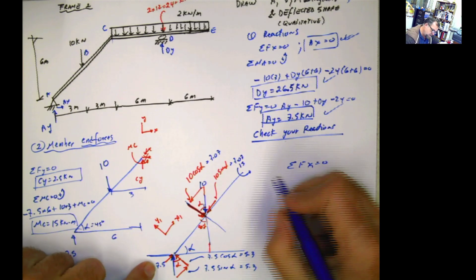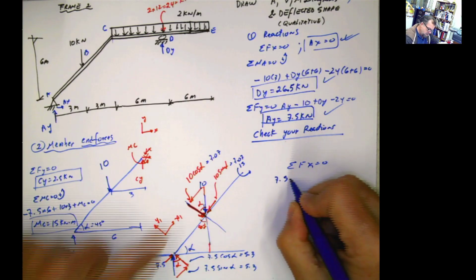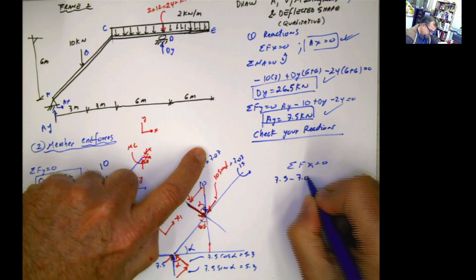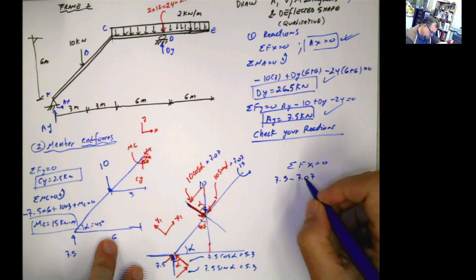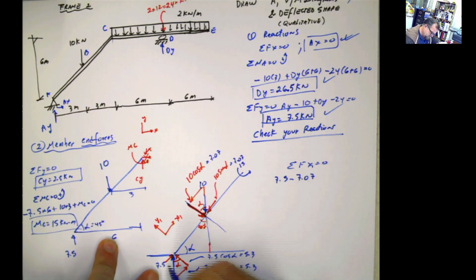So if I do that, then this is going to be 7.5 minus 7.07, right? Who said 7.5? You see how people get errors.